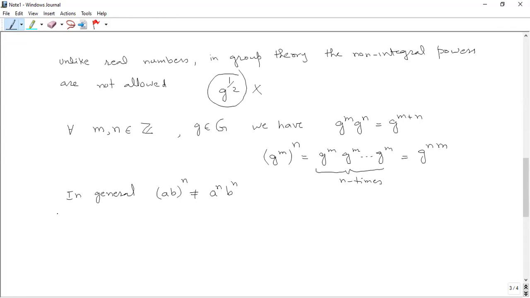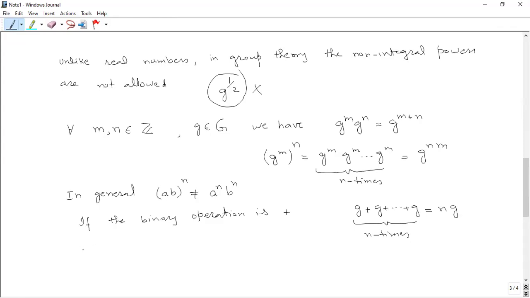Okay, if the binary operation is plus, then of course, if we take g plus g, n times, instead of g to the power n, we write it ng.